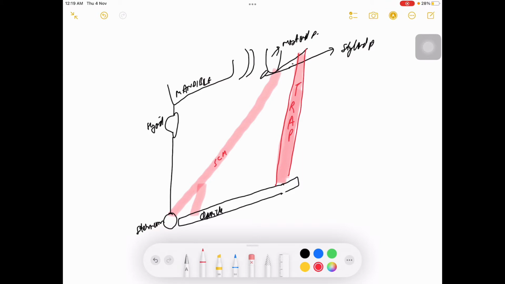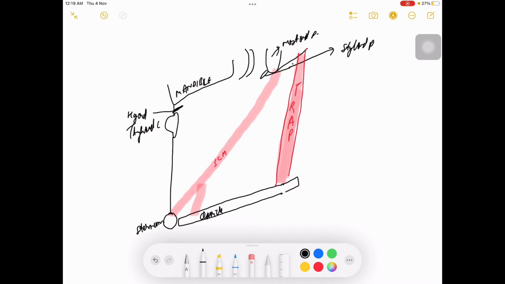So firstly I'm going to draw the digastric muscle. Pardon me, this is not hyoid, this is thyroid cartilage, and this is hyoid. Sorry for my drawings.